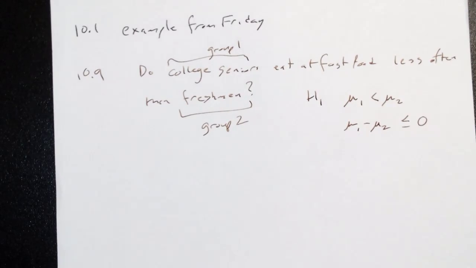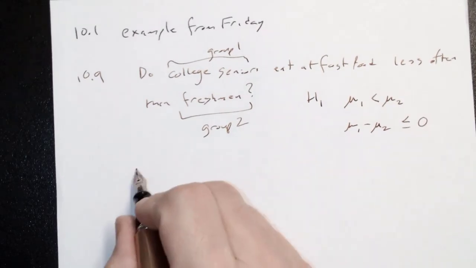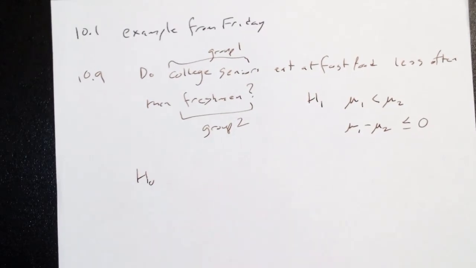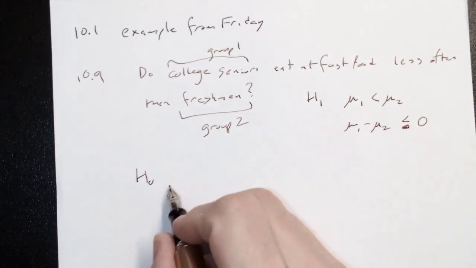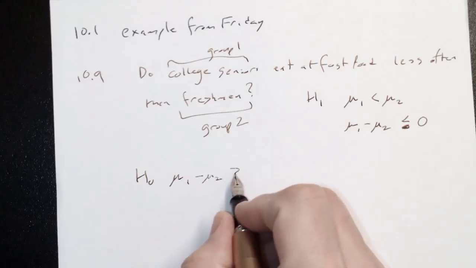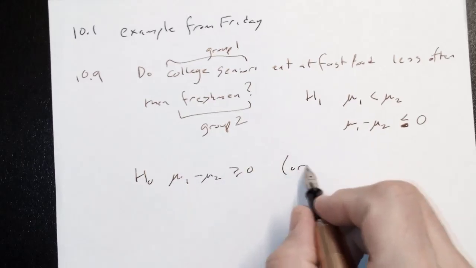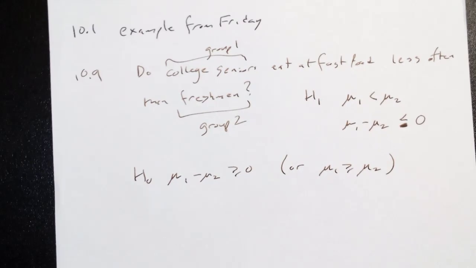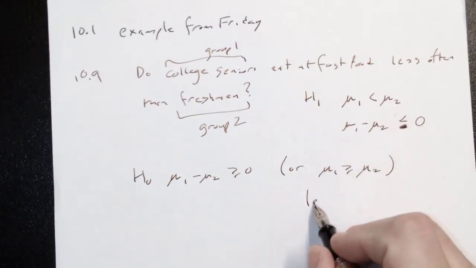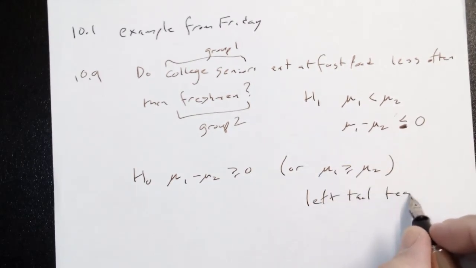If that's the alternate hypothesis, what's the null hypothesis? Greater than or equal to. Okay, wait a minute. That means the rejection region is in my left tail. This is a less than. We are doing a left tail test.